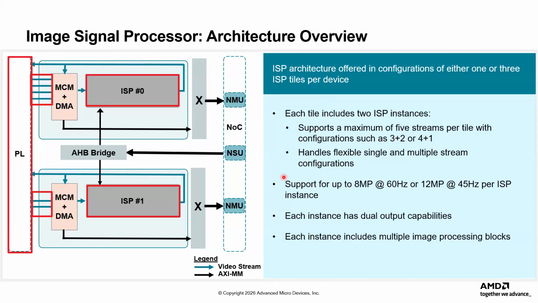You have a little bit of flexibility in how you configure this, but you're supporting either single or multiple stream configurations. This is up to 8 megapixels at 60 hertz or 12 at 45. Each instance also has dual output capability, and each instance also includes both image processing blocks.